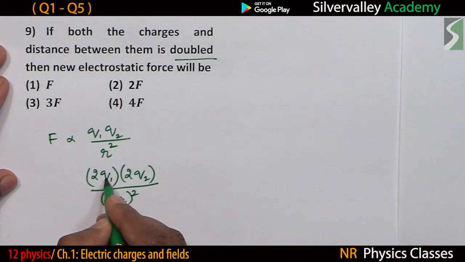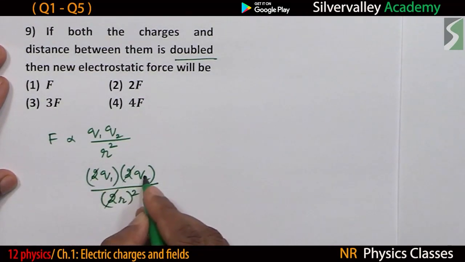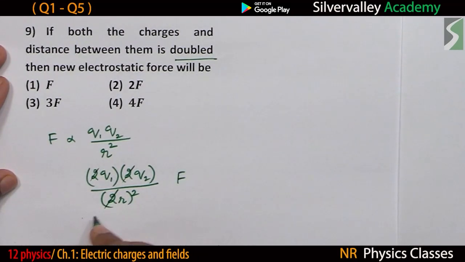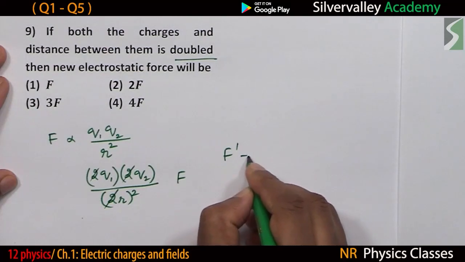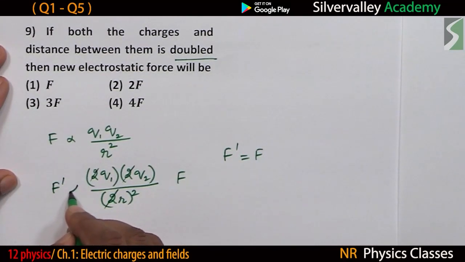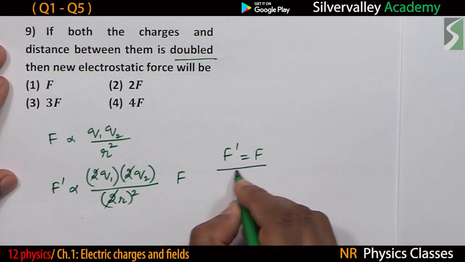Observe, Q1, Q2 gets 2 times 2, which is 4, and 2 square is 4. These cancel, so we are left with Q1 Q2 by R square, which is F. So F dash is equal to F, which means no change.